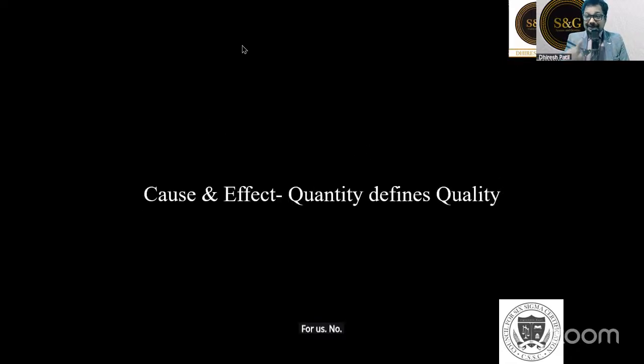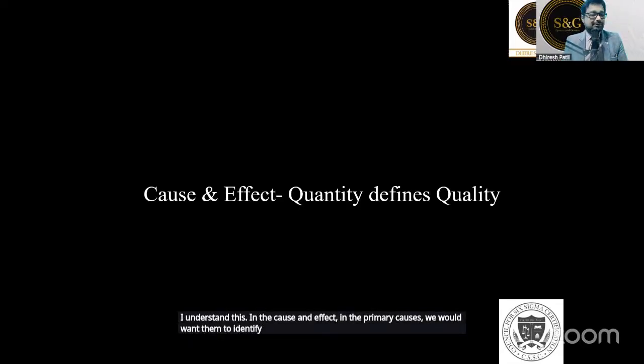Now, this is the point I just defined. When it comes to cause and effect, quantity defines the quality. Understand this. In the cause and effect, in the primary causes, we would want them to identify all the causes. Whatever causes they have, let them identify.